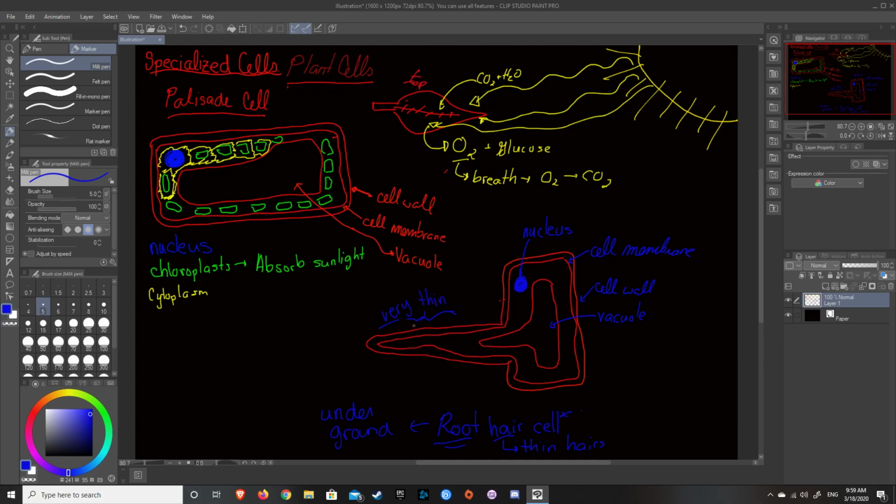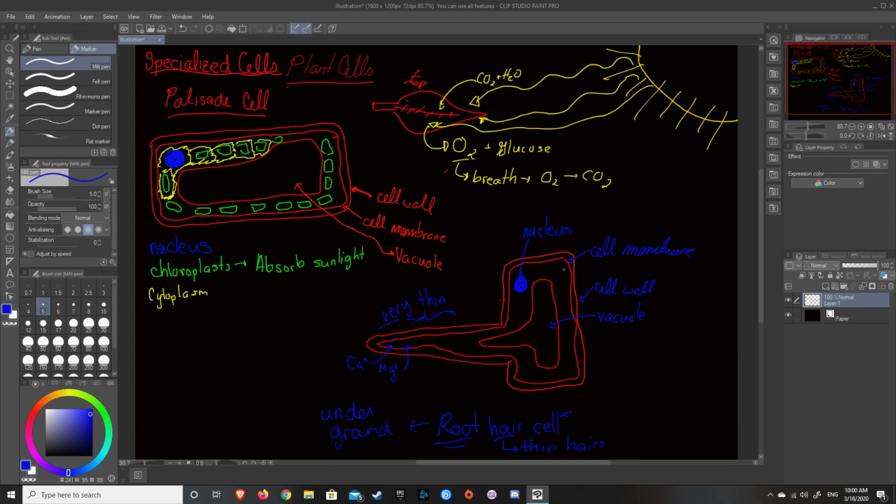So what this allows is, when it's very thin, any minerals in the soil, we can have calcium, we can have magnesium, really anything that the plant needs to absorb. We fertilize the soil, or the soil is naturally fertile. Anything can easily be transported into the cell.